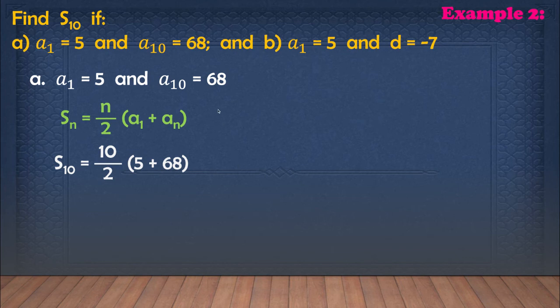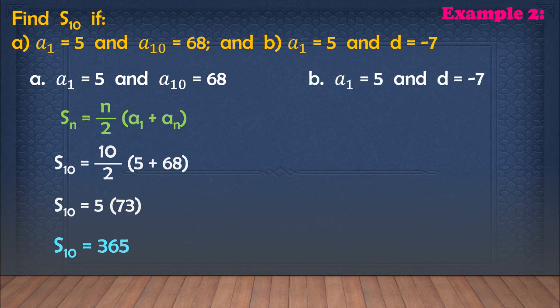Here, your a sub n is 68, so your n here is 10. So S sub 10 will be equal to 5 times 73, giving us a value of 365. Therefore, the sum of the first 10 terms of this arithmetic sequence is 365.